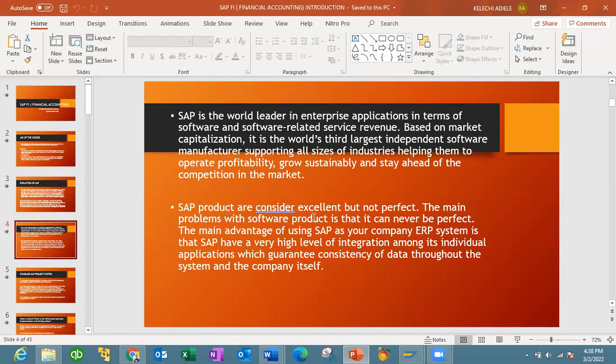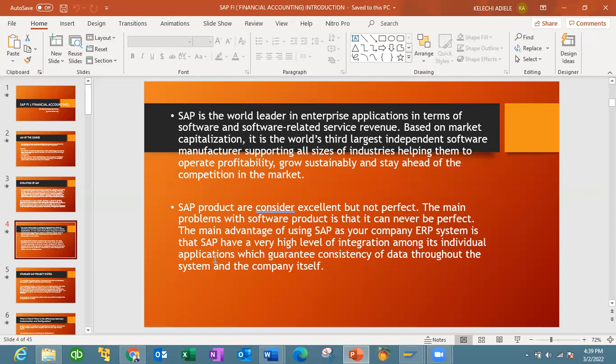SAP products are considered excellent, but not perfect. The main problem with software products is that they can never be perfect. The main advantage of using SAP as your company ERP is that SAP has a very high level of integration among its individual applications. I've seen Microsoft Navision, I've seen Oracle.